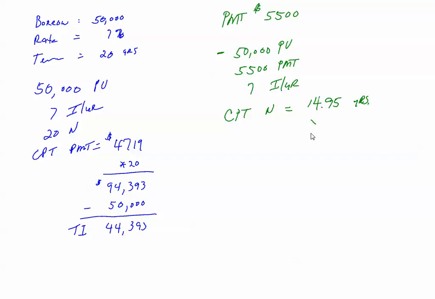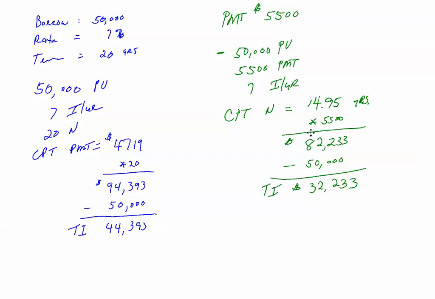So multiply that by 5,500, and what you'll get is $82,233. If you subtract the original principal of $50,000 that you borrowed, you'll see the interest now is $32,233. And again, I'll label that total interest.